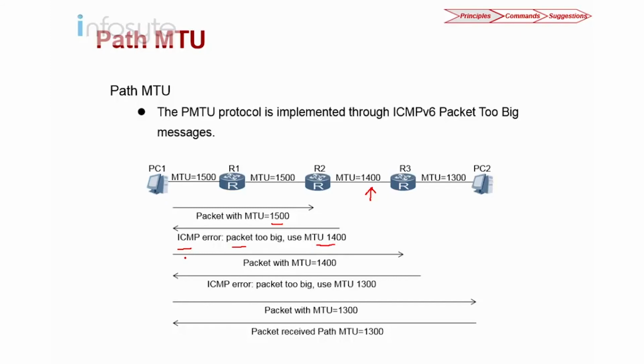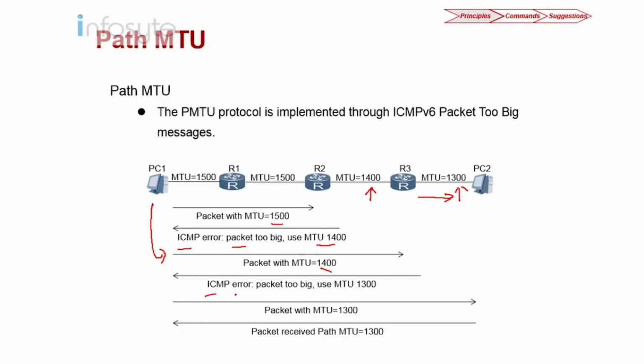With this new information, PC1 is going to use 1004 going to R3. Now again, when R3 goes into PC2, this segment is 1003.